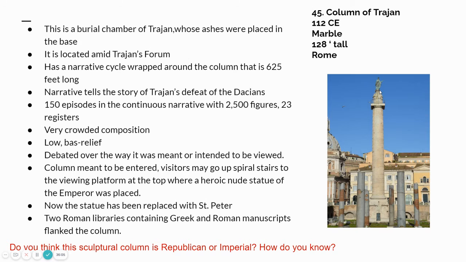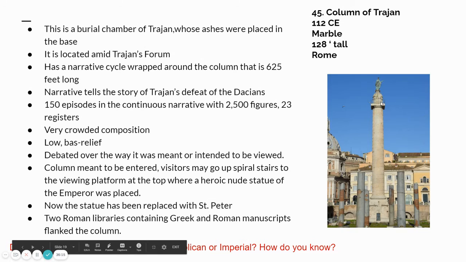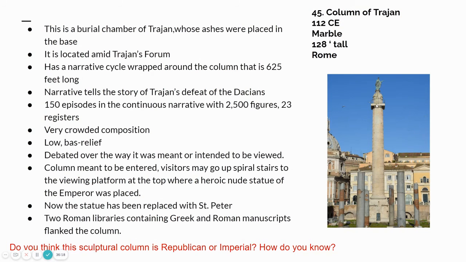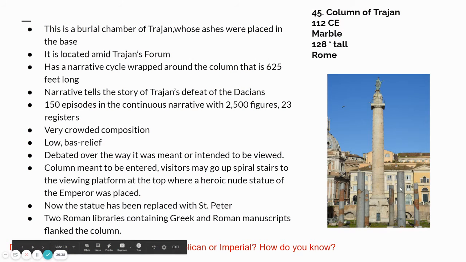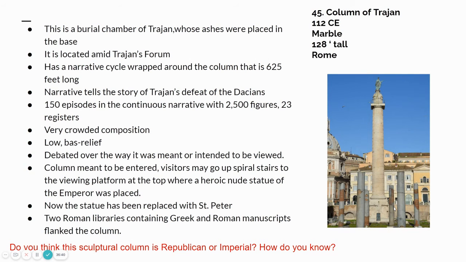So the question is, at what point are you supposed to view these registers? If you enter from the bottom and then you come out at the top on this platform, how in the world are you supposed to observe and view all of these registers in the narrative of the column? So looking back at the complex and how the buildings interact with each other, on each side of the column were two Roman libraries.